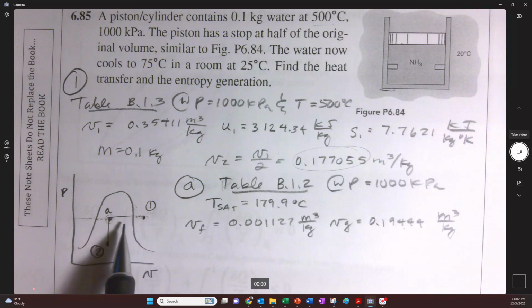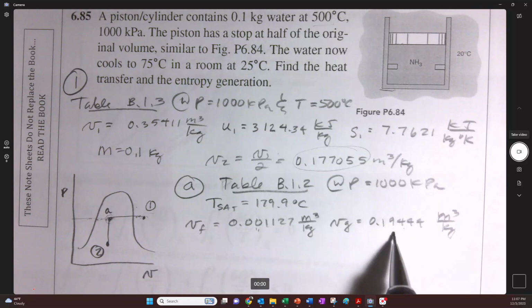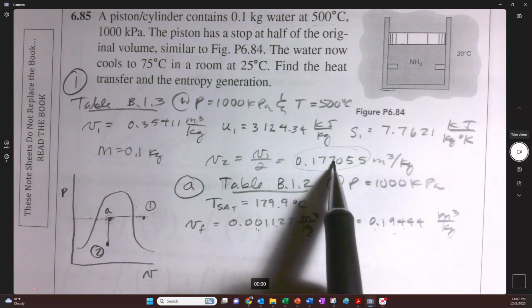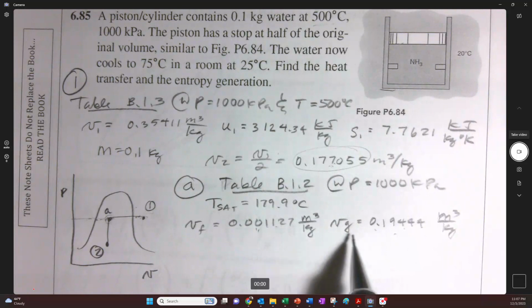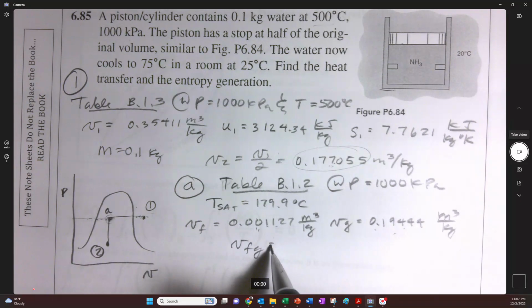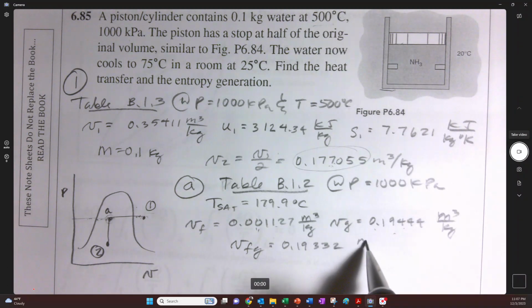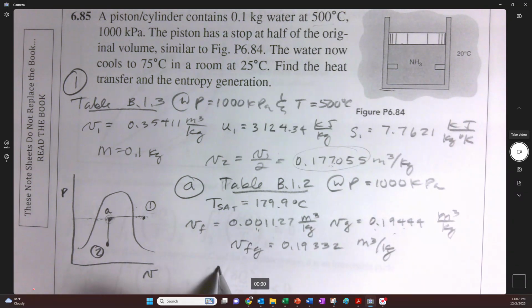So we weren't quite sure that it was underneath the dome, but now we know for sure because at this pressure, our volume right here lands in between there. So we also need the VFG as part of that, and that's 0.19332 cubic meters per kilogram. So we go ahead and put it in.